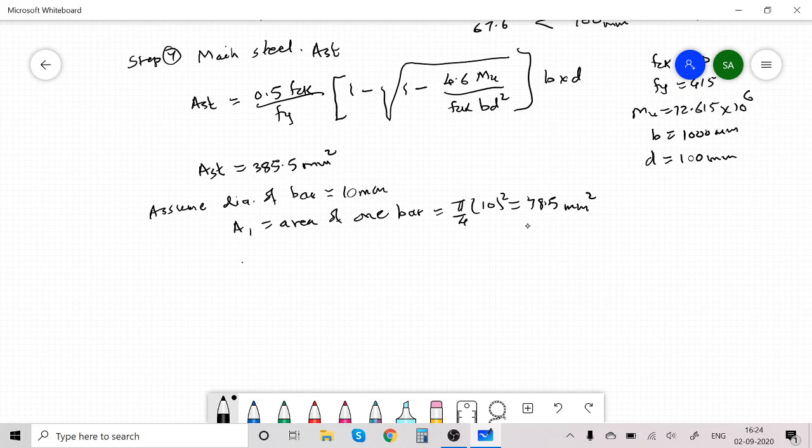Then find the spacing of this bar is equal to A1 upon the AST into 1000. A1 is 78.5 divided by AST 385.5 into 1000.